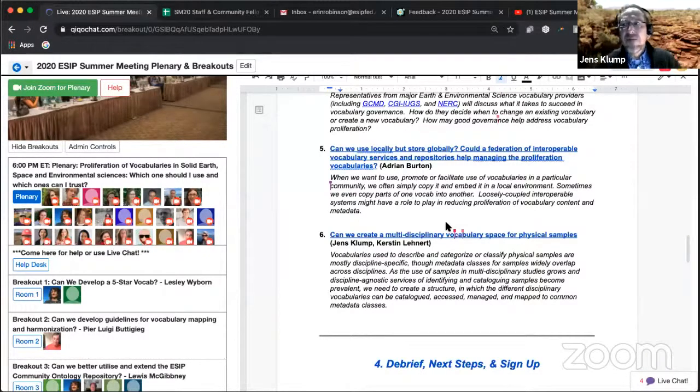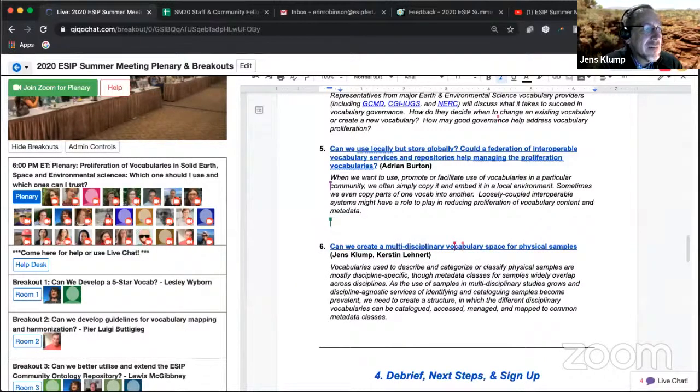So physical samples or specimens, that already points at some of the problems, the difference between the two terms. They are at the heart of the earth and environmental sciences and many other disciplines too. Vocabularies used to describe and categorize physical samples are mostly discipline specific, but the metadata overlap across disciplines. What we see is that there's more and more multidisciplinary work going on that draws upon the same samples.